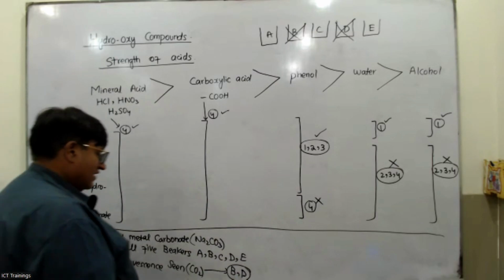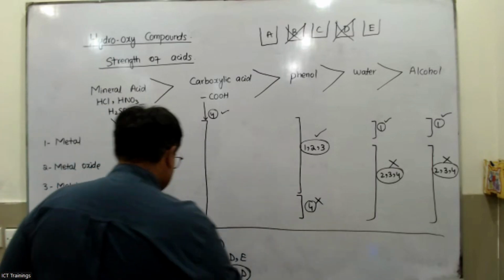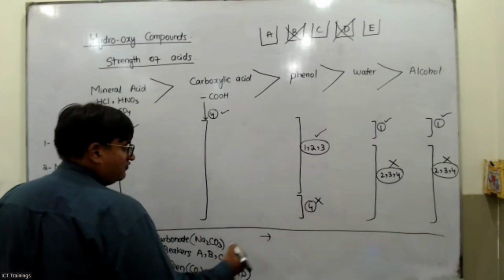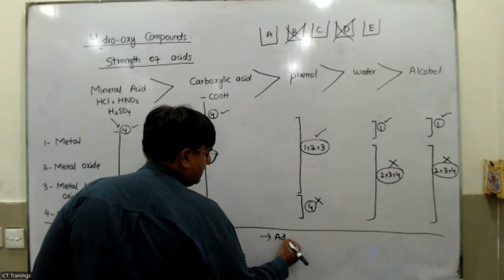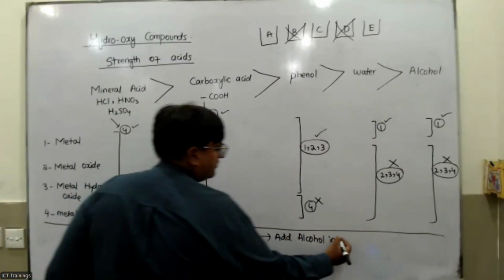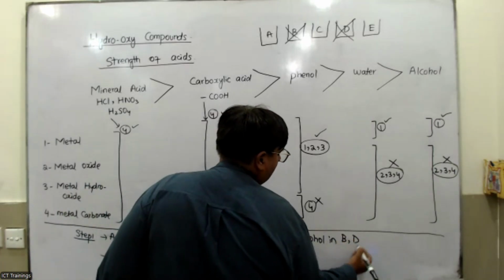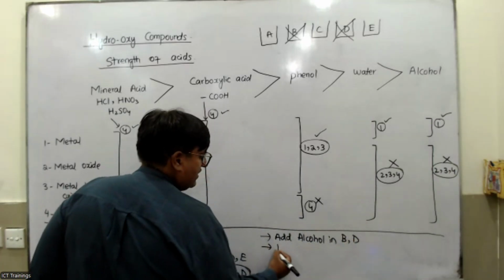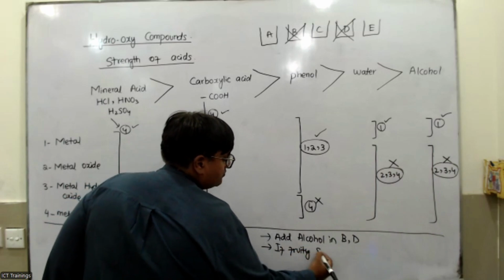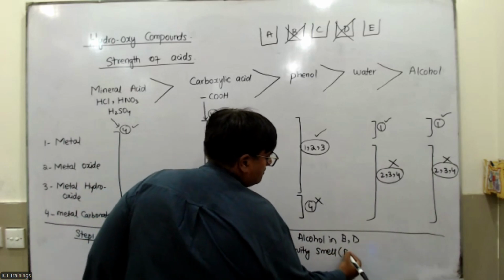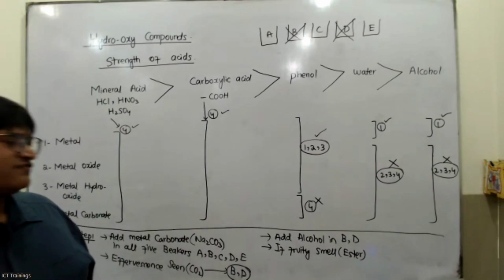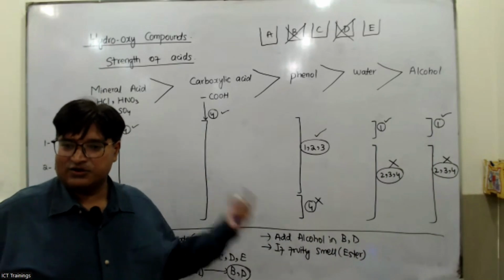Now if you want to separate them, this first step still continues. In the next step, what should you do? Add alcohol in B and D. If there is a fruity smell, fruity smell is due to ester formation, and only carboxylic acid forms the ester with the alcohol.